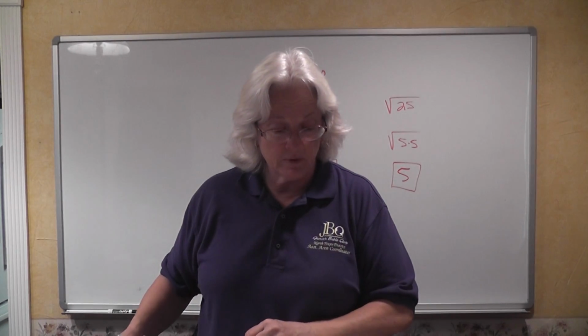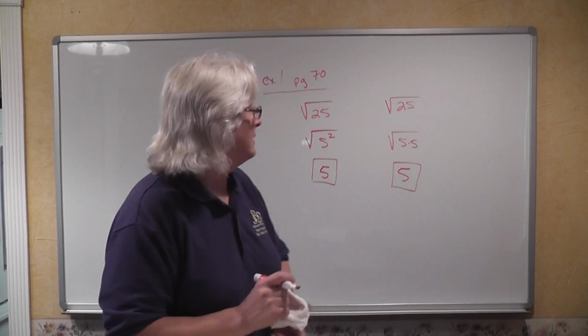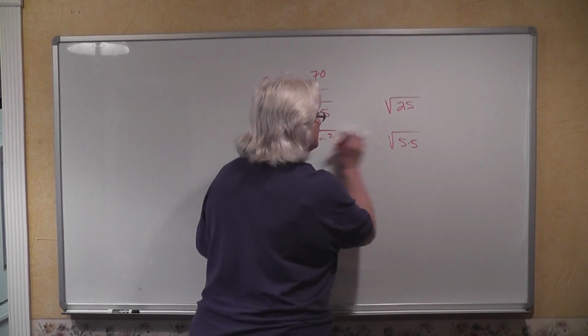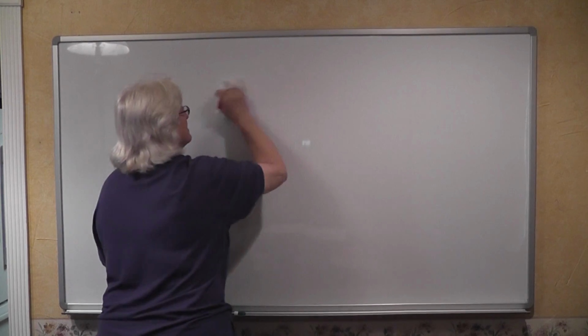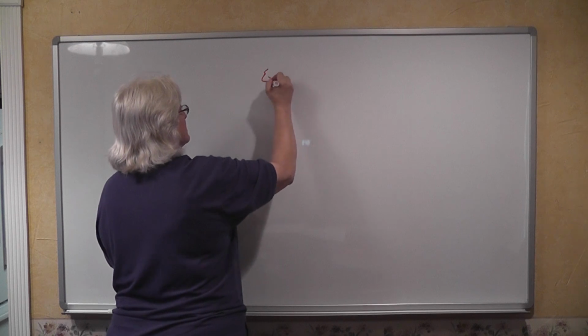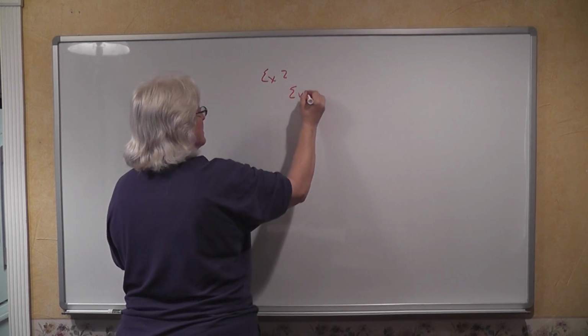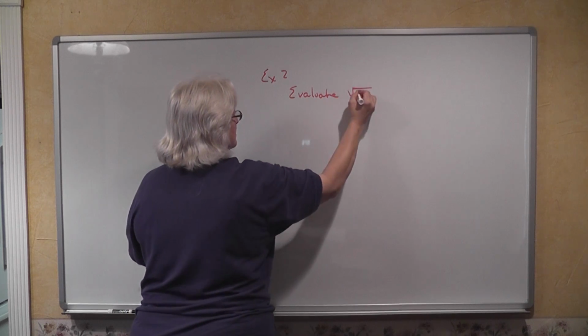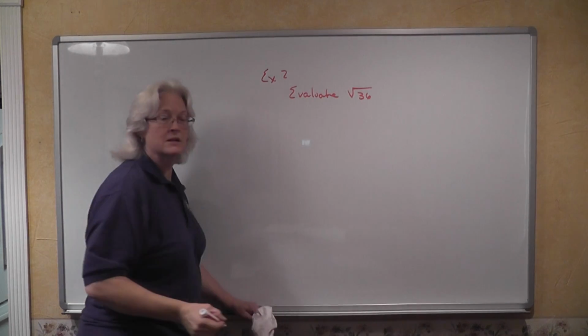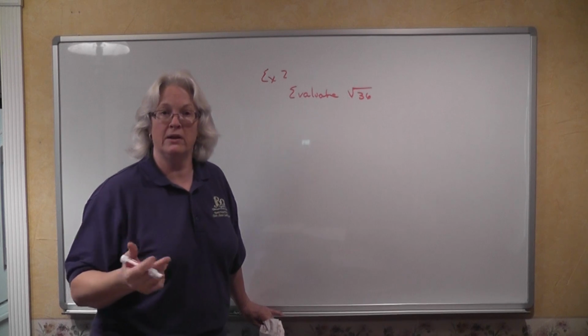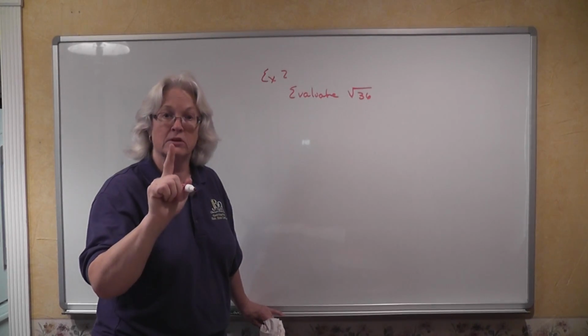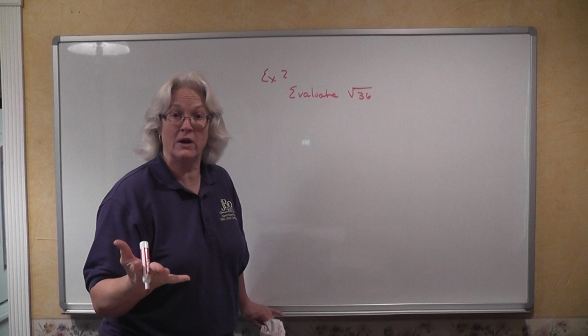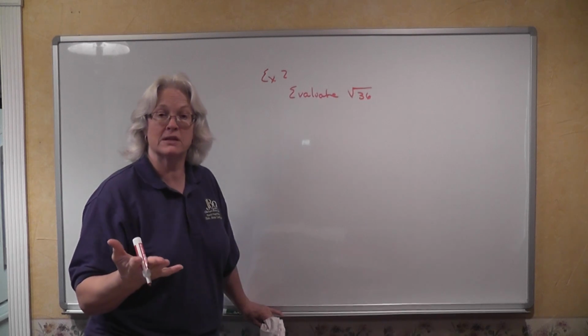Now, example number 2 tells us to evaluate the square root of 36. Evaluate the square root of 36. We're looking for one of that number's 2 equal factors. And there are a number of ways that you could factor 36, aren't there?